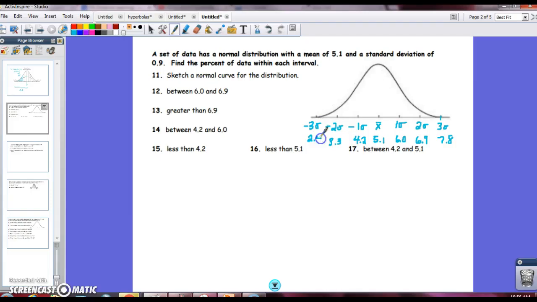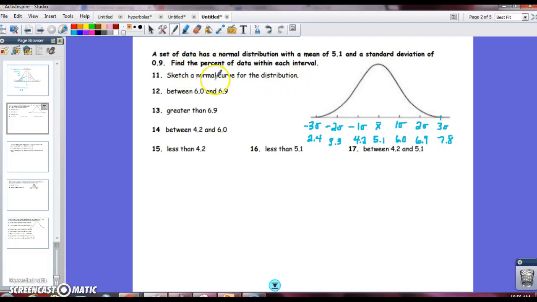That puts me at 2.4. So those are the standard deviations and the scores related to them. Okay. Now, this is your normal curve. This is all the data filled in. Okay. It says find the percent of data within each interval.